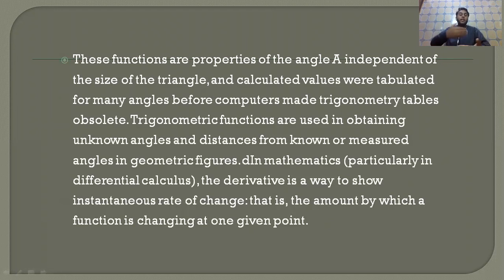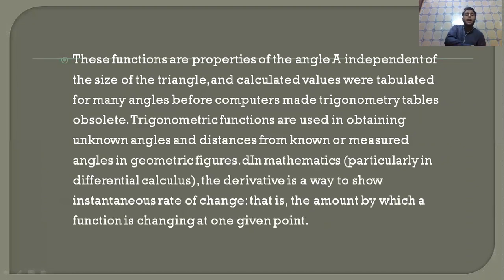Calculated values were tabulated for many angles before computers made trigonometric tables unnecessary. Trigonometric functions are used to obtain unknown angles and distances from known or measured angles in geometric figures, and in mathematics, particularly in differential calculus.